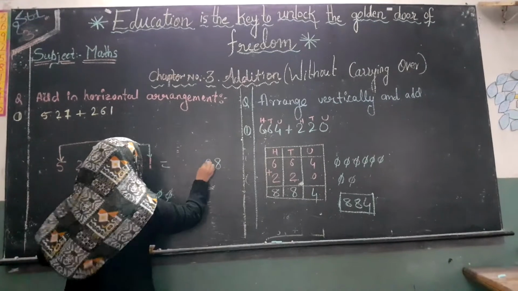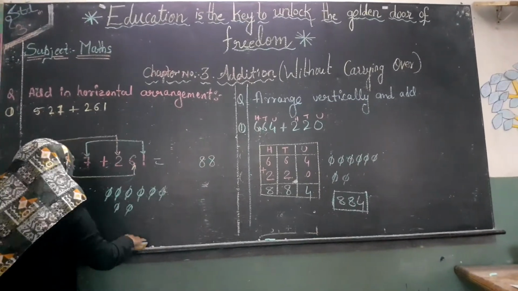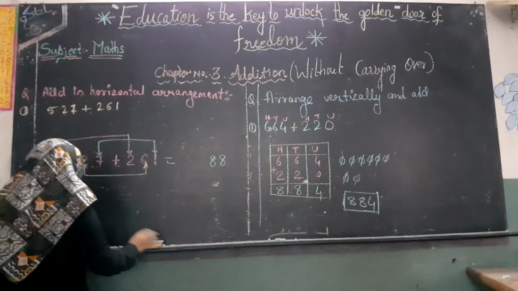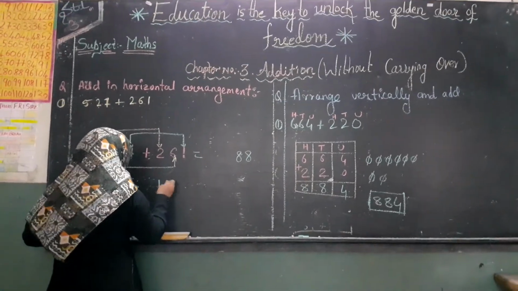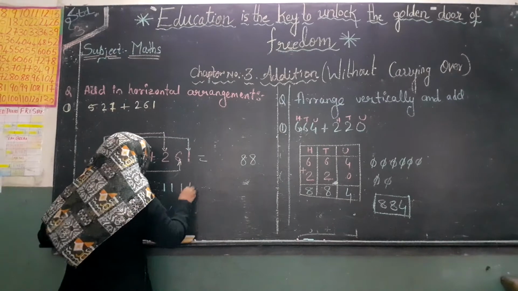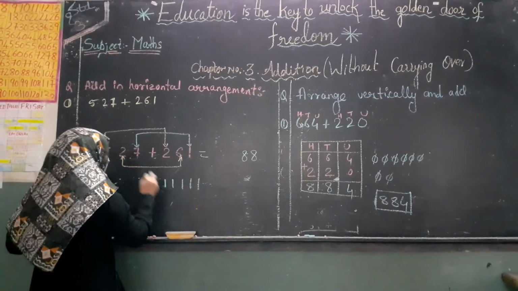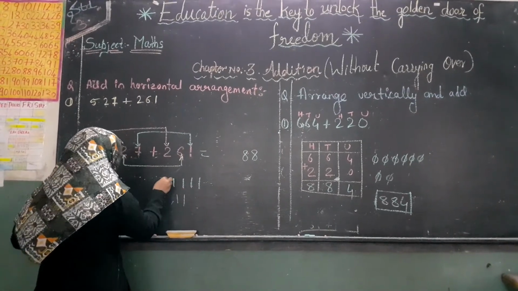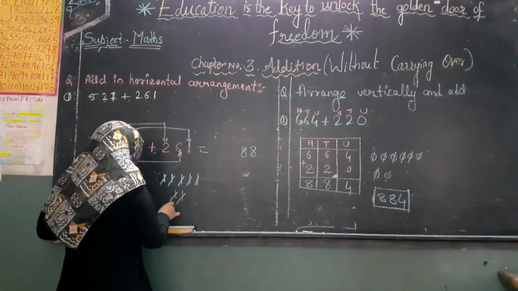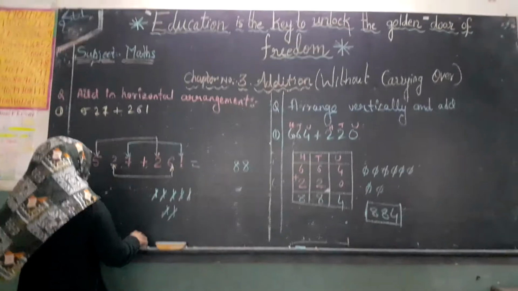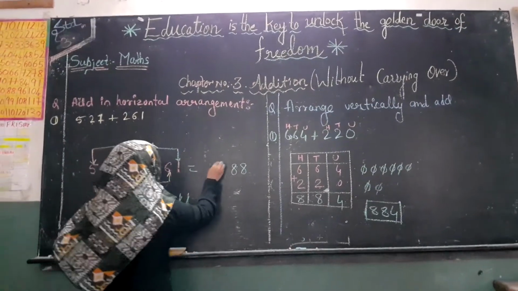So we will get 8. Now we will draw 5 lines: 1, 2, 3, 4, 5. Then 2: 1, 2. So we will count this: 1, 2, 3, 4, 5, 6, 7. Now we got the answer 7.